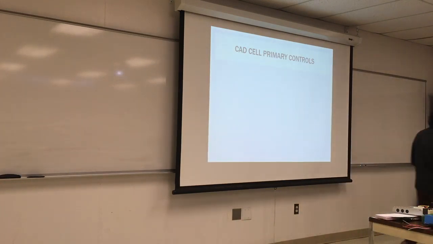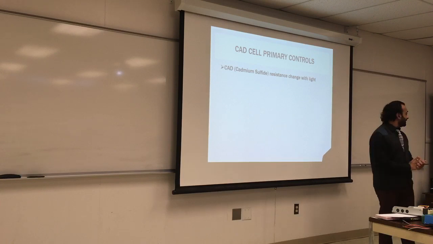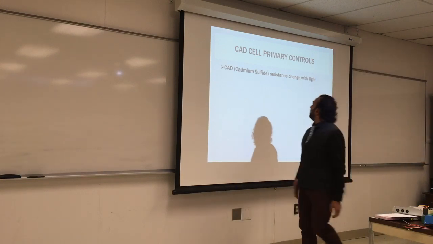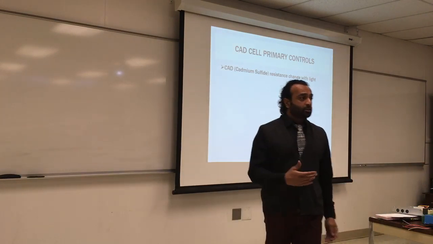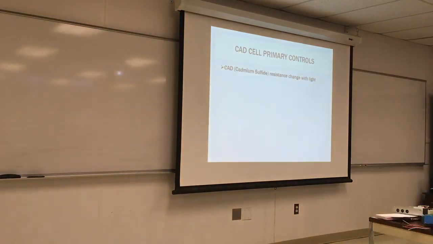So CAD cell primary control, we talked about that last week, and we are working with that in this lab. The CAD is cadmium sulfide, a resistance that changes with light. Somebody realized that this material reacts with the photons coming from light.